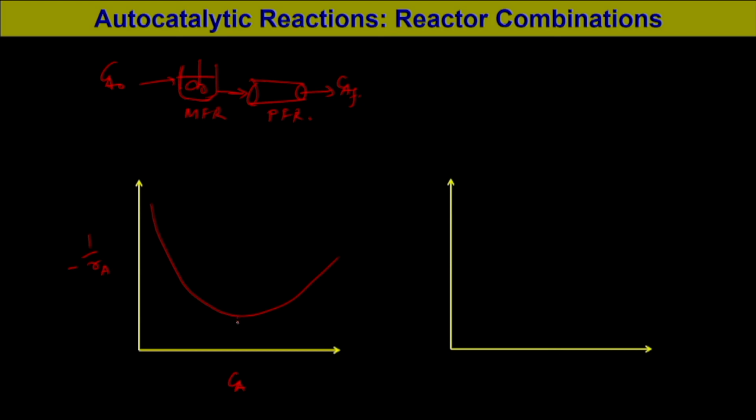This is CA optimum, and our initial concentration is CA naught. So, we look for the CSTR up to this point, and the rest to CAF is the PFR.